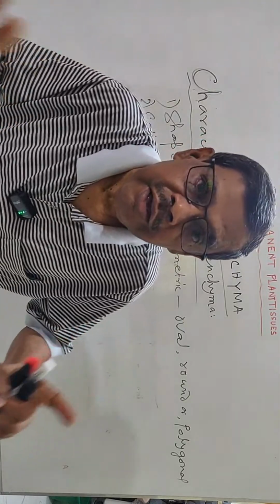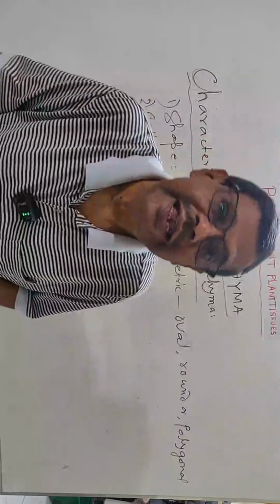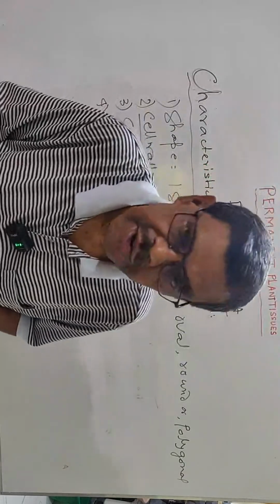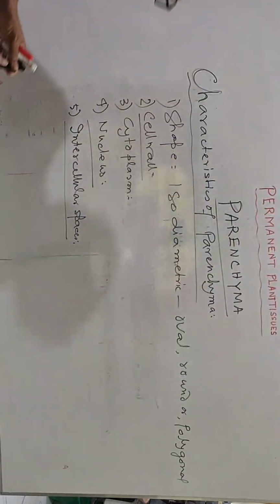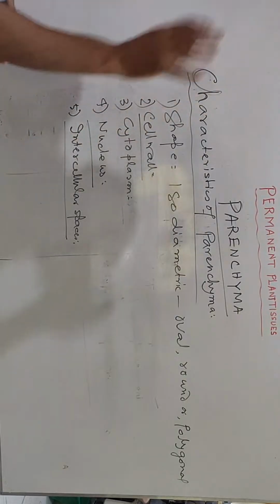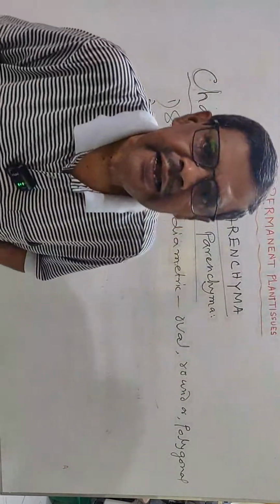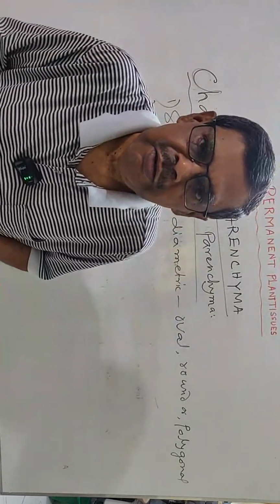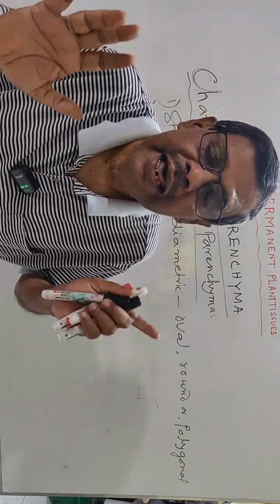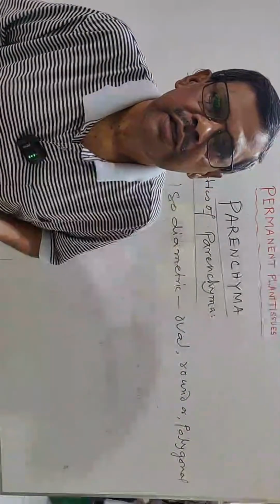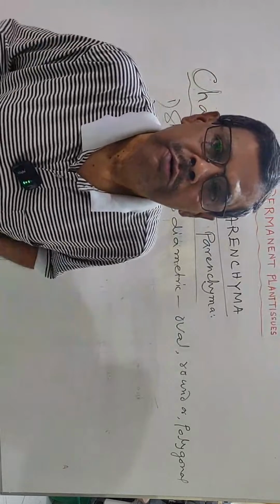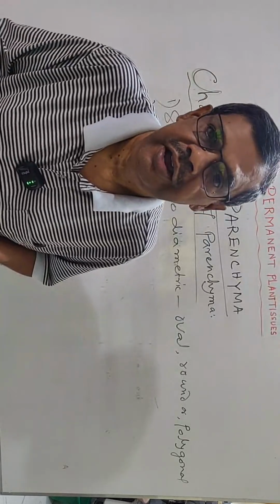There must be intercellular spaces present. These are the characteristic features of parenchymatous cells. All cells of the parenchyma are living. They do not have the capacity to divide.